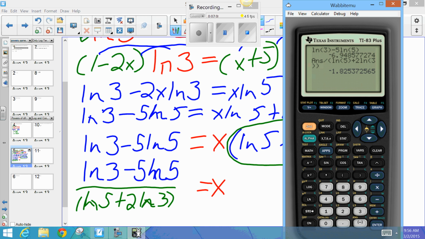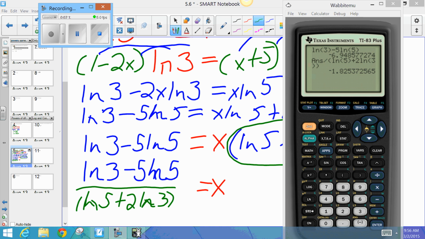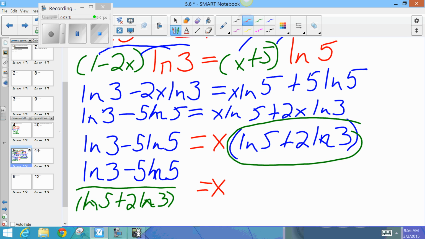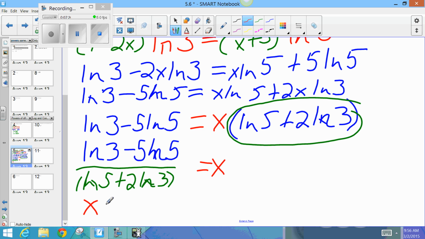So I have x equals negative, I went 4 places after the decimal, negative 1.8254. All right, try your bookwork.